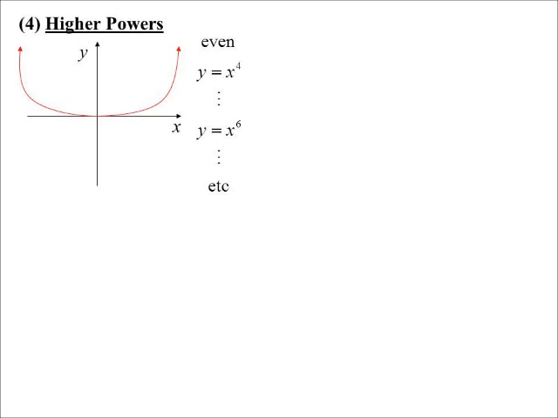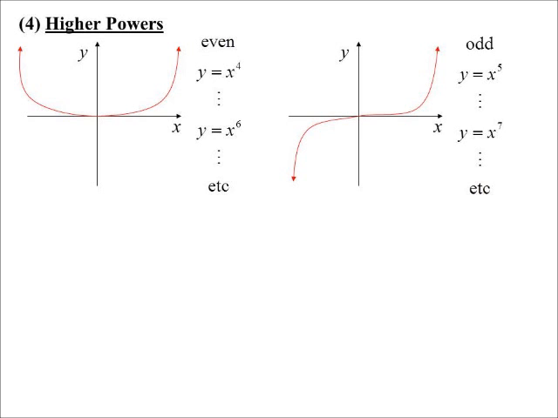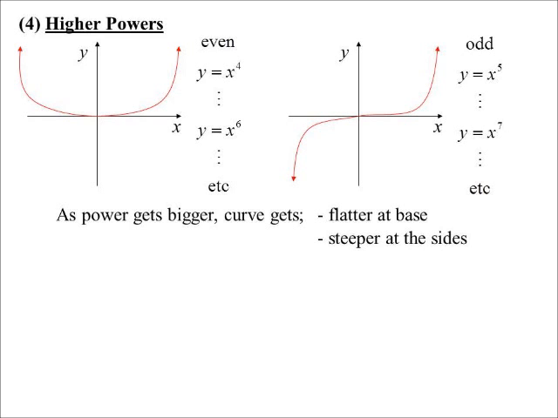Okay? Same thing happens with odd powers. They will all have that funny, twisty sort of shape. The correct name is inflecting. But again, as the powers get higher, flatter at the base, steeper at the sides. Okay, so there's polynomials.